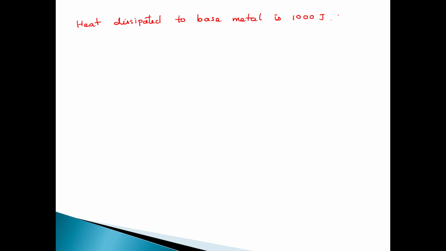So the heat required to form the nugget is equal to the total heat generated, 4000 joule, minus 1000 for the base metal. So we're getting 3000 joule. This is the total heat per nugget.